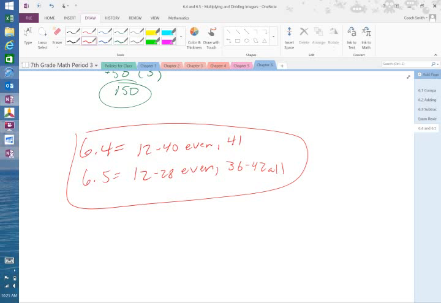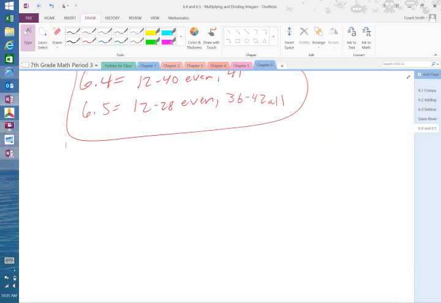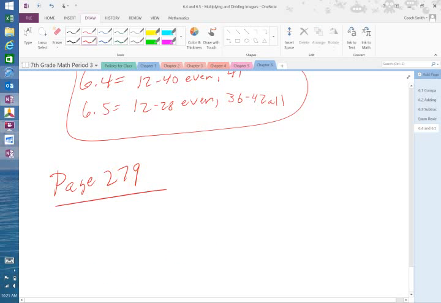Yes, hang on here. Let me do one other, let's look at one other thing. Everybody look at page 279. Before I stop here, look at page 279. Okay, at the bottom of page 279. At the bottom of the page, you see where it says to convert Celsius to Fahrenheit, use the formula F equals 9/5 times C plus 32.